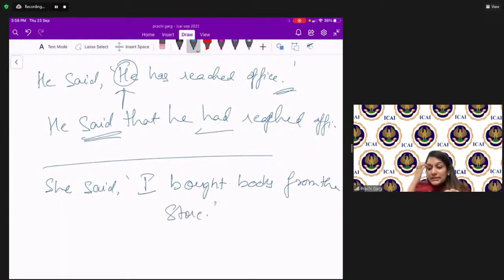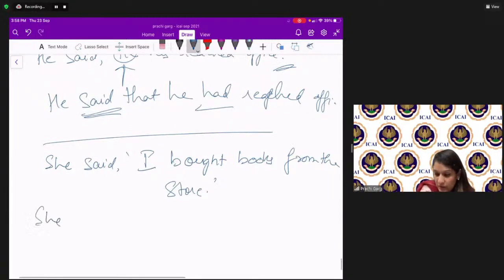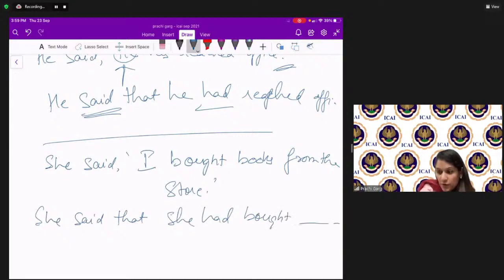Okay, she said, I bought books from the store. This is simple past. This will change to past perfect. How will you change? She said that she had bought books from the store. Simple. Clear? Yes. Okay, I hope you are noticing the comma here, the quotation mark, the punctuation mark, and the quotation mark closes after the punctuation, right? Do not get this thing wrong.